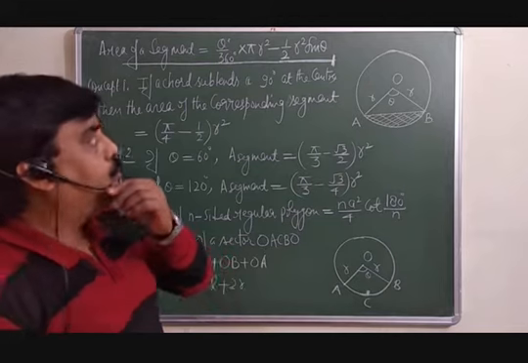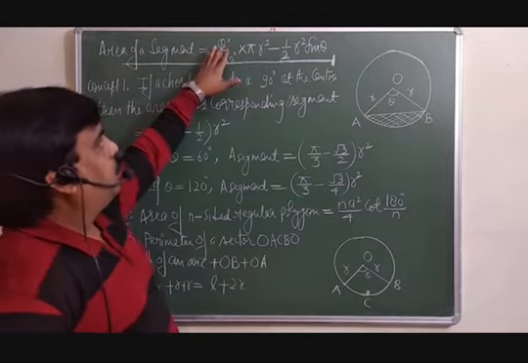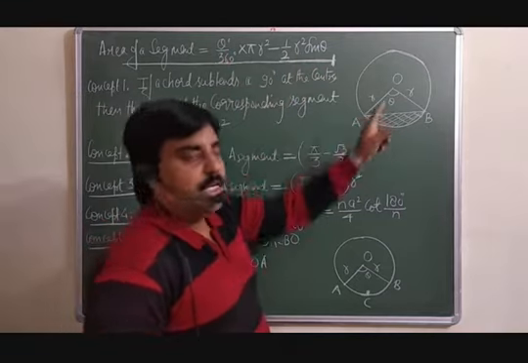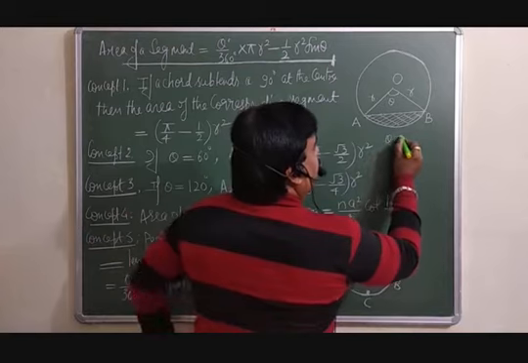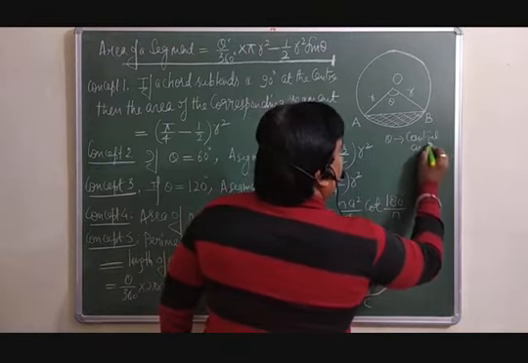Okay, now a few more points. We were discussing that the area of the segment is equal to theta over 360 into pi r square minus 1 over 2 r square sin theta, where theta is the central angle and r is the radius.